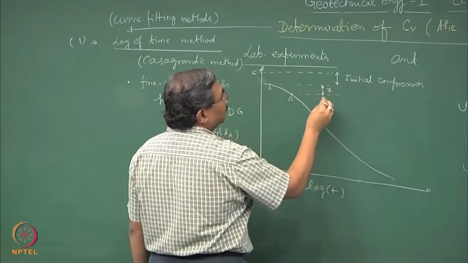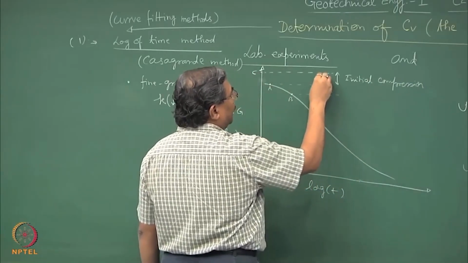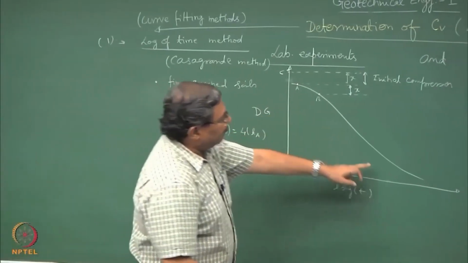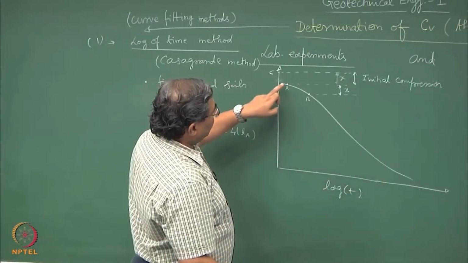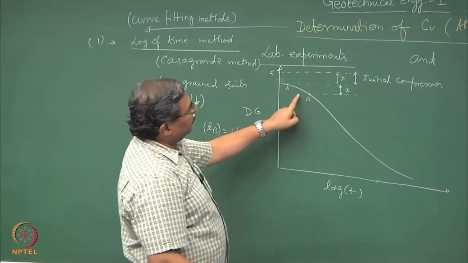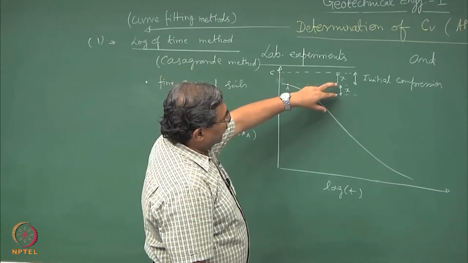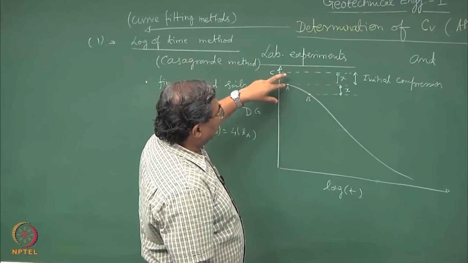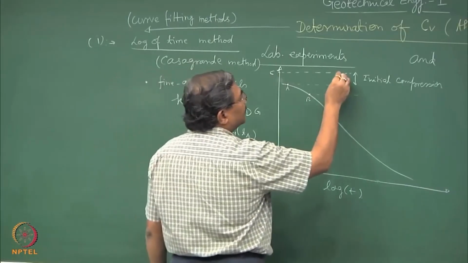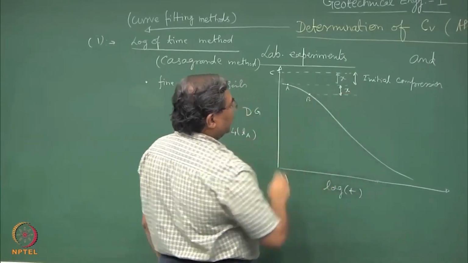So, this is equal to x. On the graph or the experimental data which you have got, you consider A and B point in such a manner that T B is equal to 4 times T A. In the process, I get the value of x, increment A by x, you get this point, and this becomes the initial compression, the whole thing.